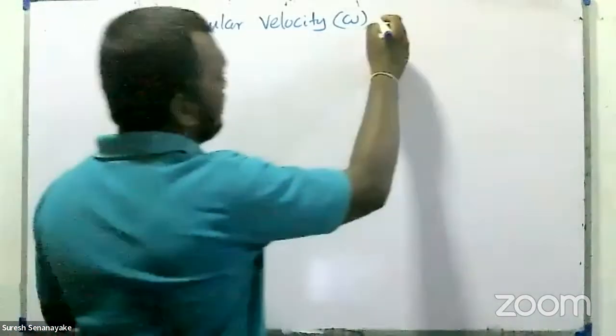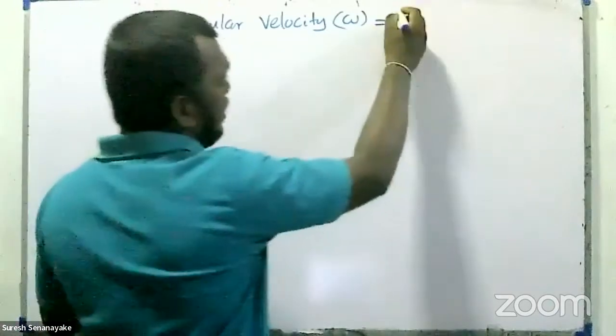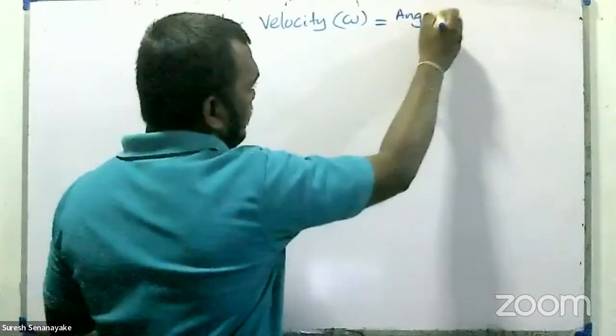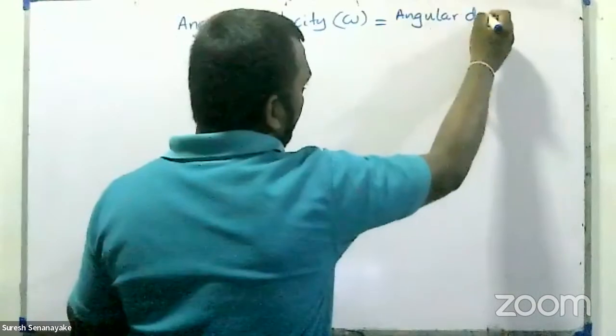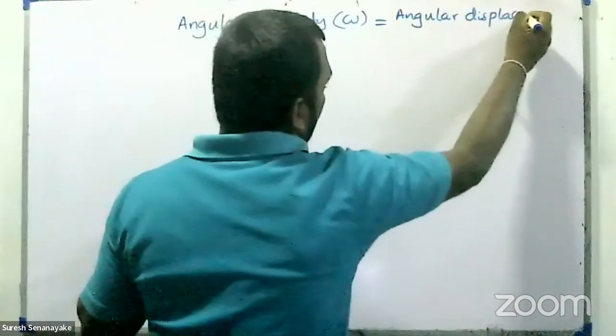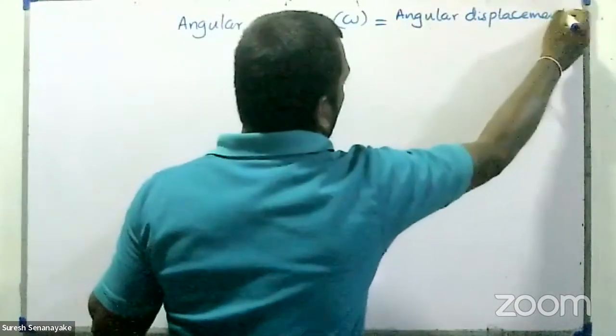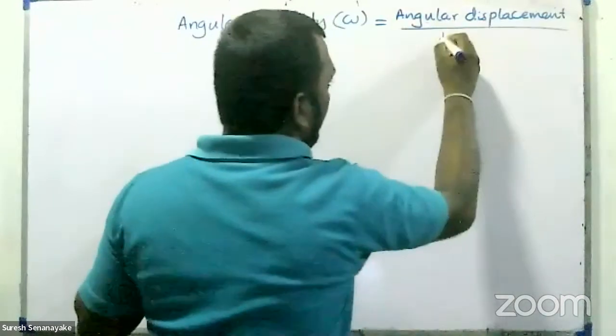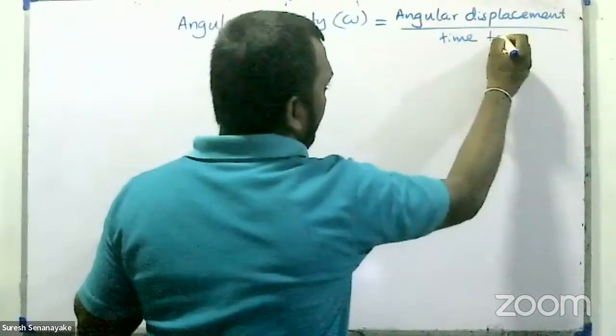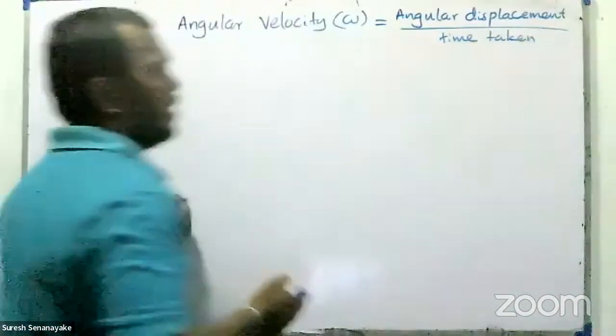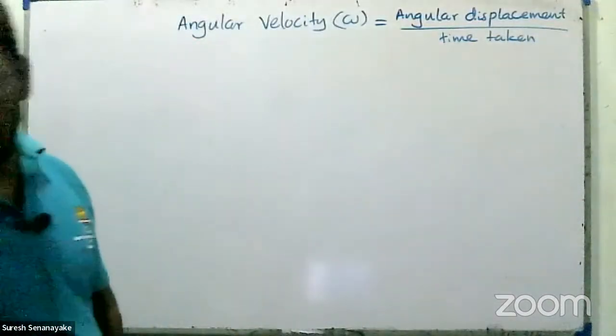So we can write it in terms of an equation. Angular velocity is the angular displacement divided by the time taken.